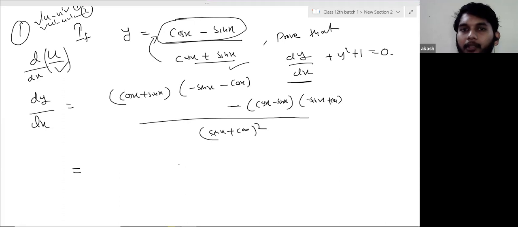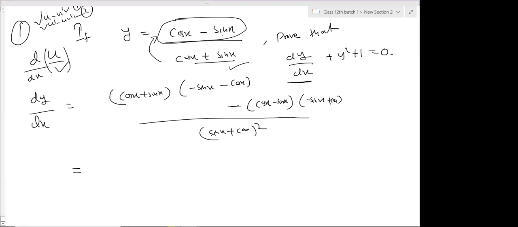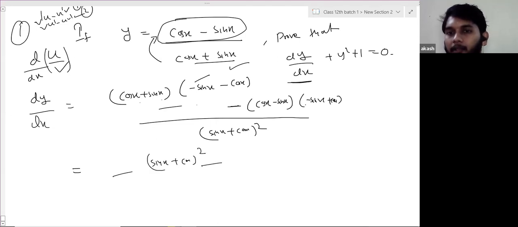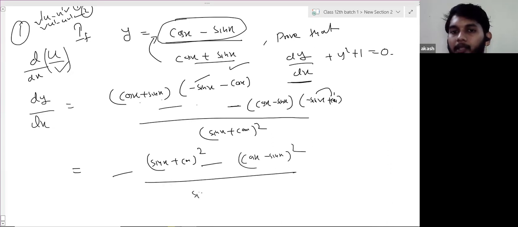Yes, sir. You can divide by cos x, then this will be the tan a minus b formula, and do that. In this method, you can take this negative out. So this will be minus of sin x plus cos x whole square minus, see, this is also cos x minus sin x. So cos x minus sin x whole square upon sin x plus cos x whole square.